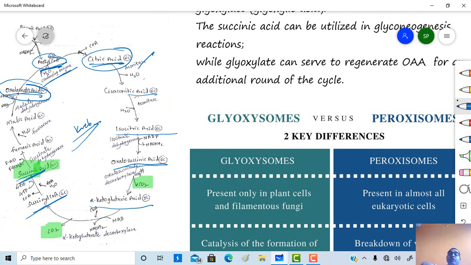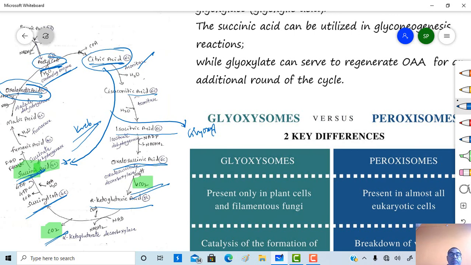So during the glyoxylate cycle, glyoxylic acid along with succinic acid is produced from the citric acid. So citric acid produces a succinic acid and a glyoxylic acid by bypassing two decarboxylation processes.